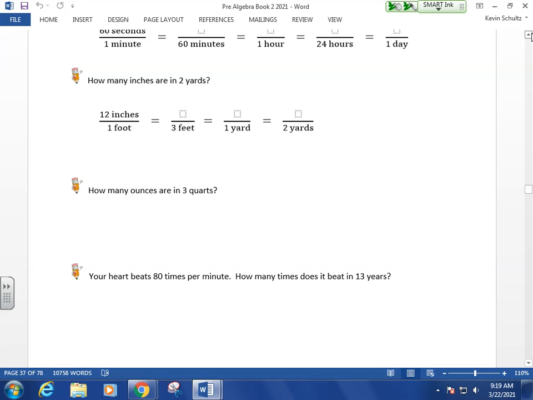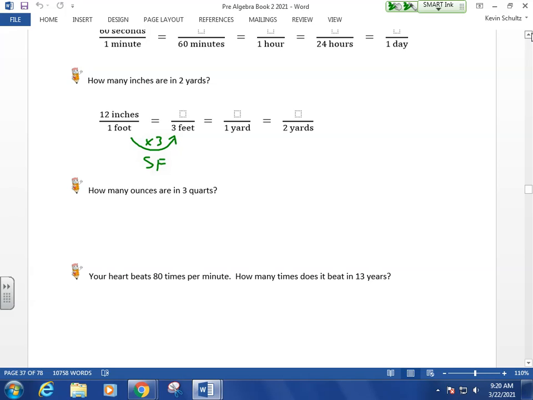Our first step is a scale factor or unit conversion. Scale factor. Right? Our denominator is changing. 1 foot is not equal to 3 feet. We have to get there by a scale factor of multiplying by 3.